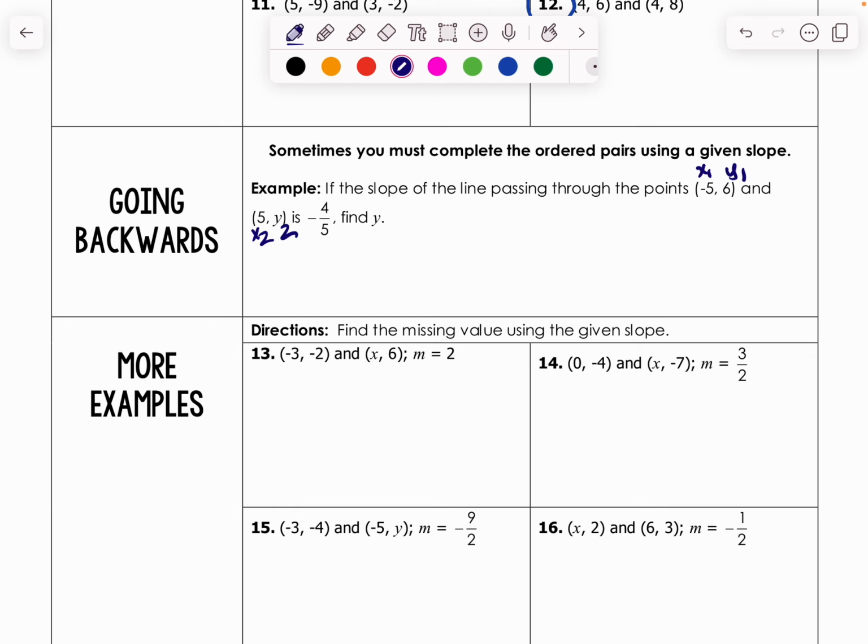Okay, but this time we're going to get an answer. So my y2 is y minus my y1 is 6 all over my x2, which is 5, minus a -5, equals -4 over 5.